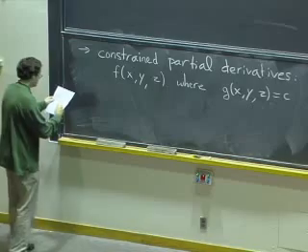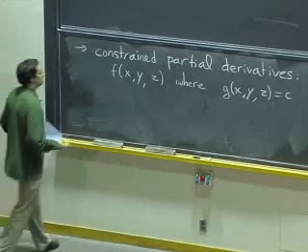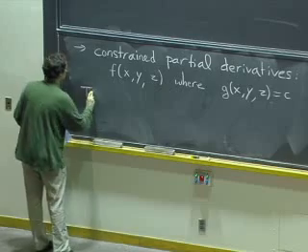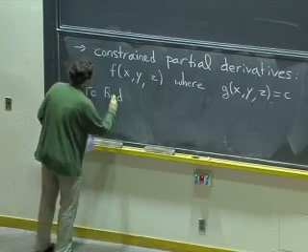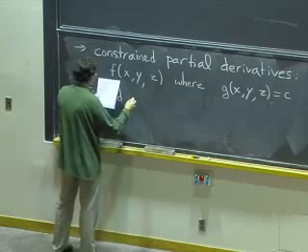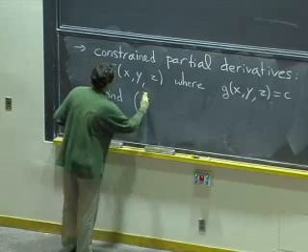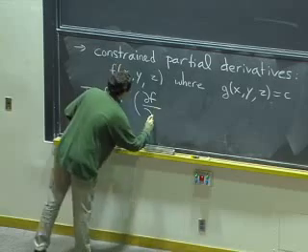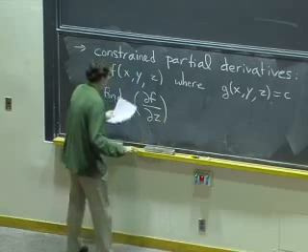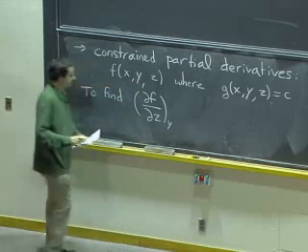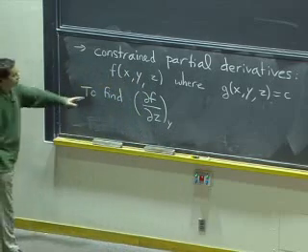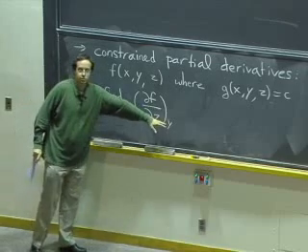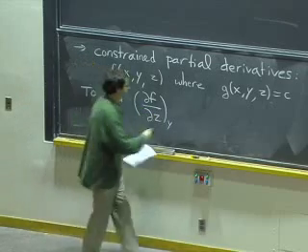So let's say, for example, I'm going to do a different example from yesterday, so that if you really didn't like that one, you don't have to see it again. Let's say that we want to find the partial derivative of f with respect to z, keeping y constant. So what does that mean?